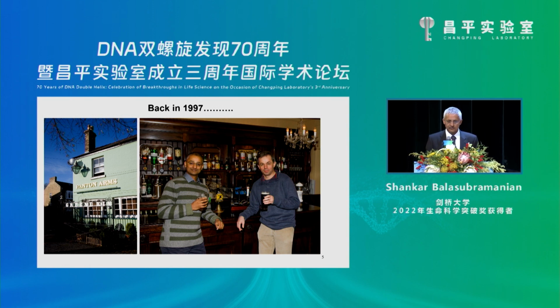So if you wanted to meet someone and discuss science, discuss experiments, troubleshoot things that weren't working, we would often just go around the corner and chat in here. And this is myself and David Klenerman.